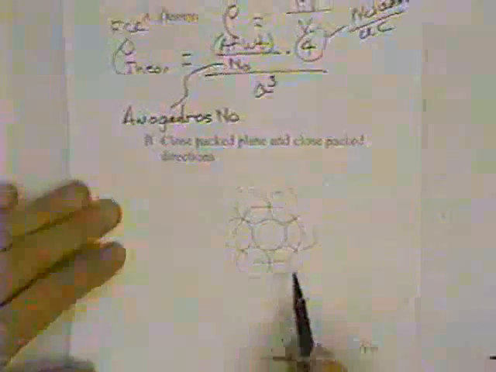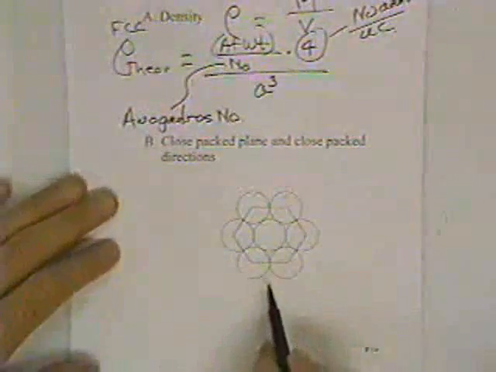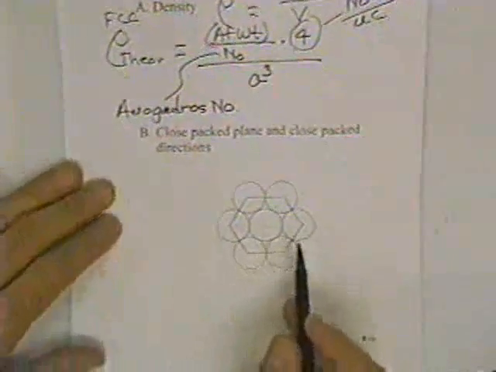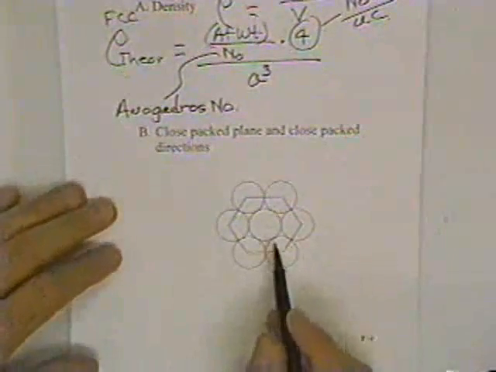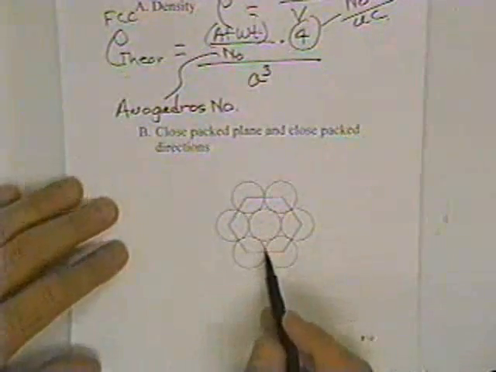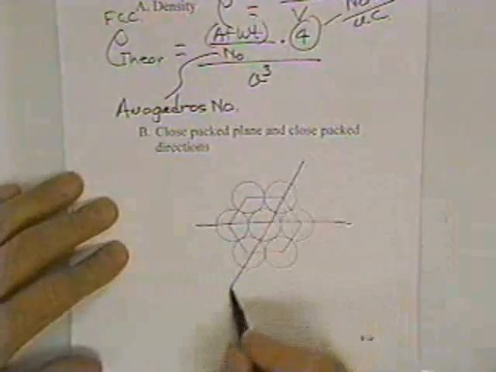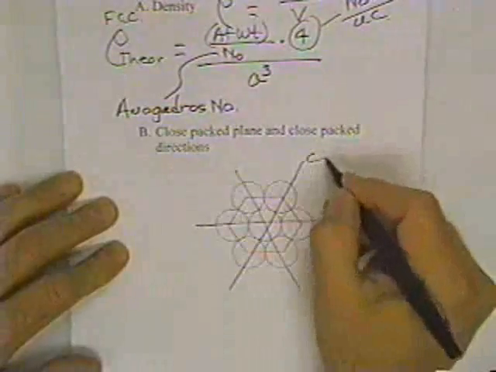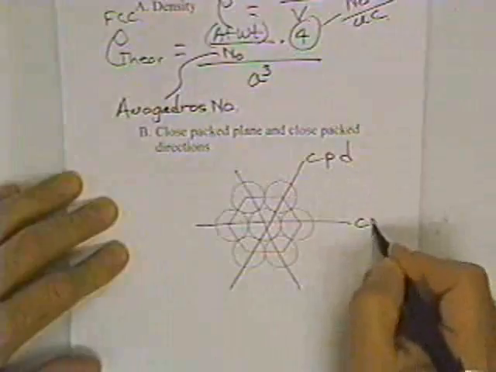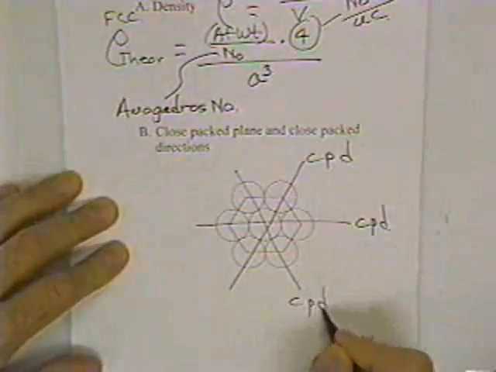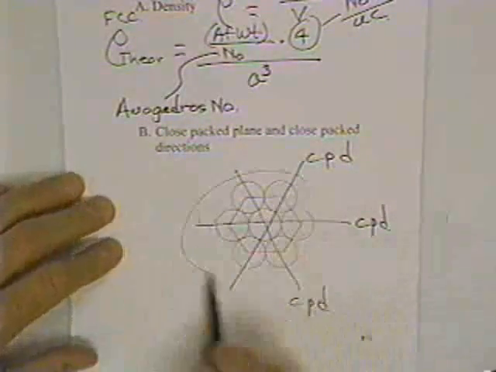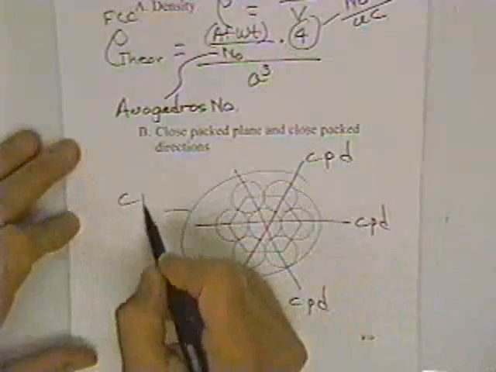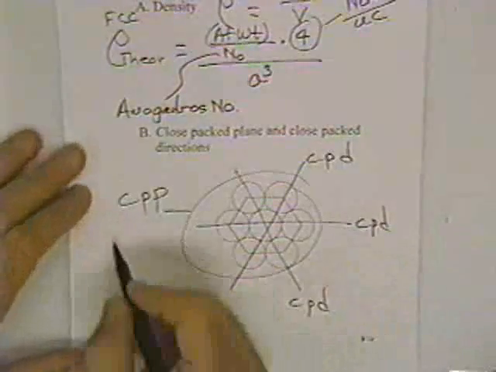If we take a look at a close packed plane and a close packed structure, each atom in a close packed plane has 6 nearest neighbors. There are 3 close packed directions, and this corresponds to a close packed plane.